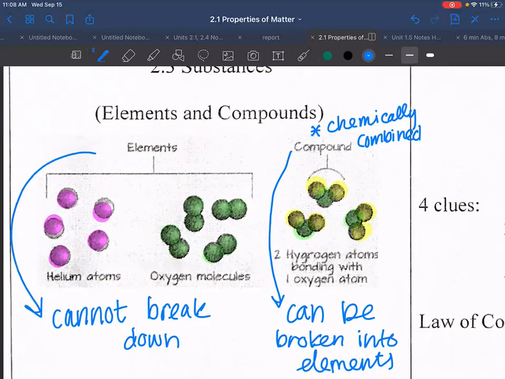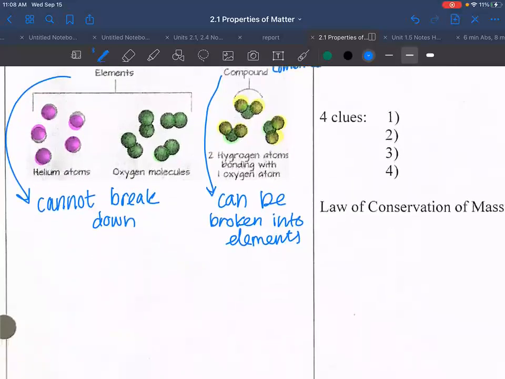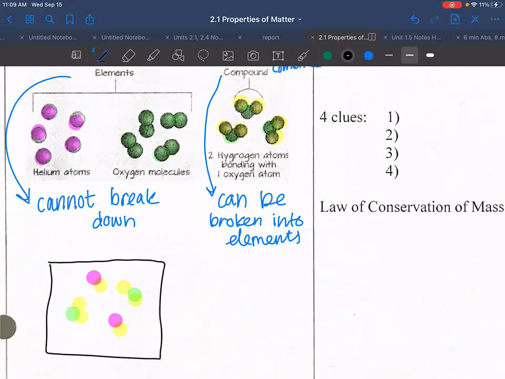Now, what I mean by this is I'm going to make up my own little particle diagram here for you. So if I give you this particle diagram, is this a pure substance or a mixture? Mixture. Correct.